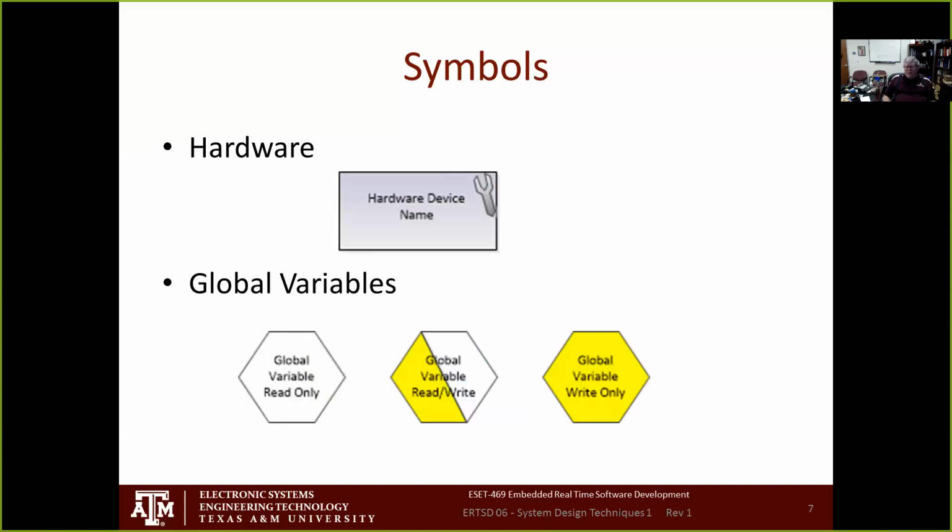If I'm using a particular global variable in multiple locations, I'll probably have this symbol drawn at each location where that global variable is used, with its name in it. If it's yellow, that means the task accessing it only writes to that variable, never reads it. And if it's white, it means that it always reads it. So that's how you can have a write-only variable.